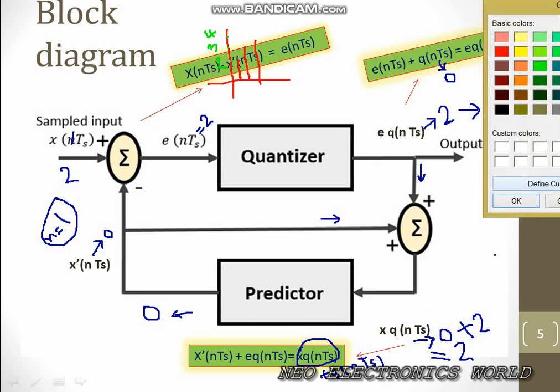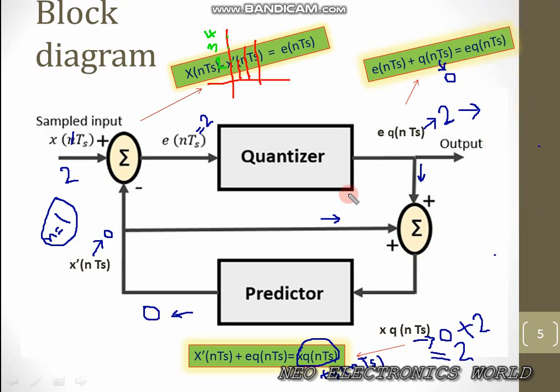I'll use another color, I think a better color is brown. I'll take brown color. Okay, I like this color very much. So the next cycle is going to take place. So n will become 2.